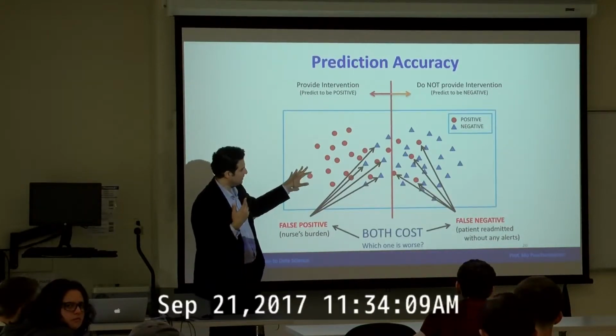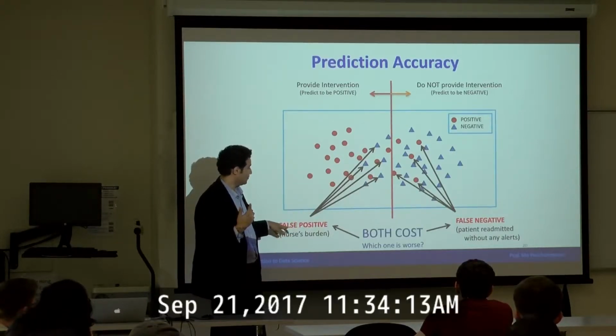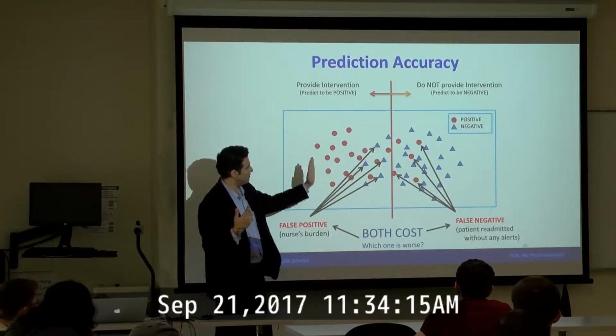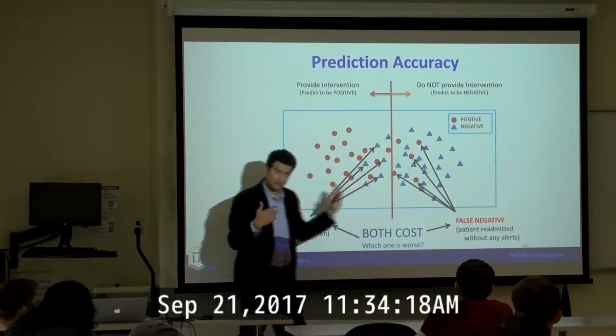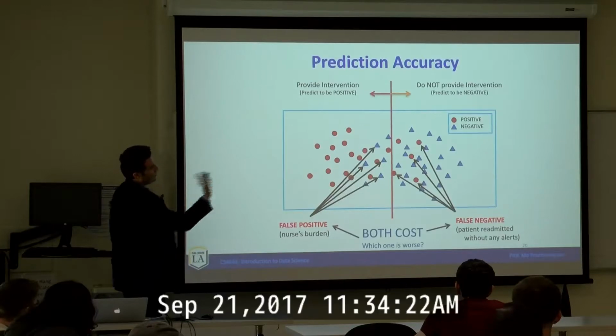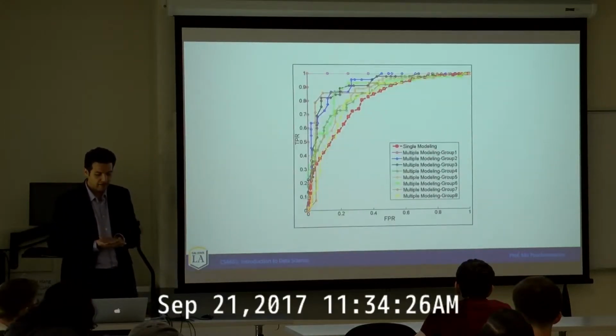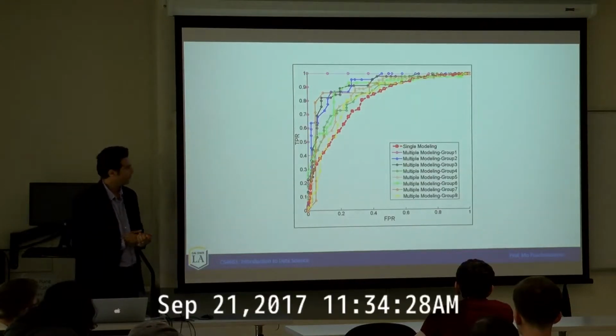But in this very simple example, we prefer to reduce false negatives. So maybe we would like to shift this line a little to the right.